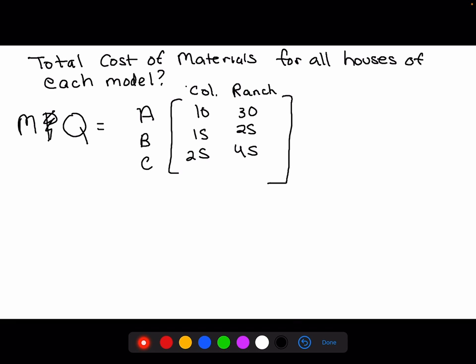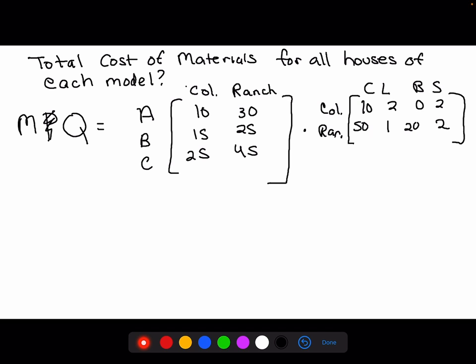Okay, so we're going to multiply the numbers of each model of each type with those costs. So we're going to take that other matrix where we had colonial and ranch, and then it was 10, 50, 2, 1, 0, 20, 2, 2 for concrete, lumber, brick, and shingles.